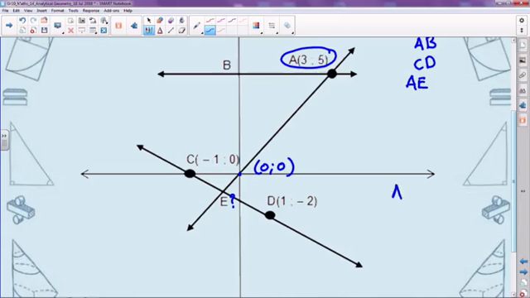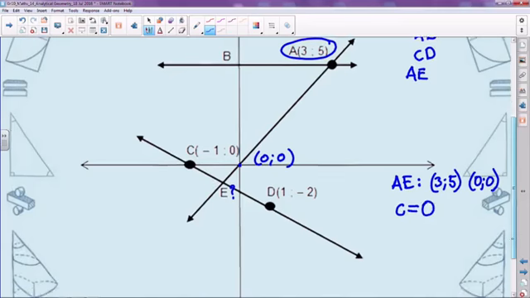So in line AE, we have got the coordinates 3 and 5, and we've got the coordinates 0 and 0, which means that our y-intercept is equal to 0. But what is our gradient?